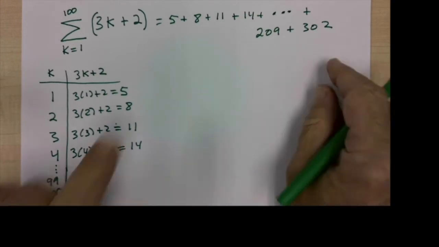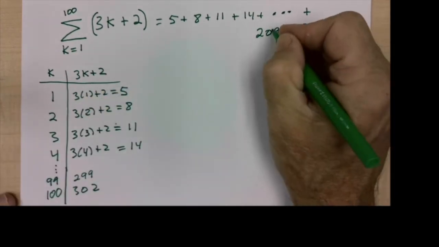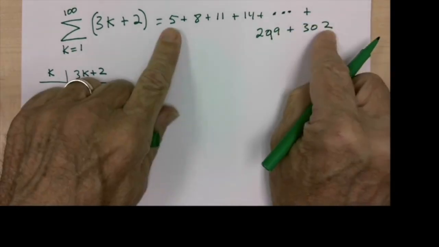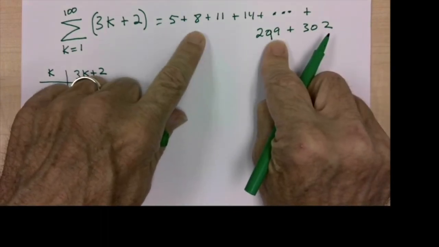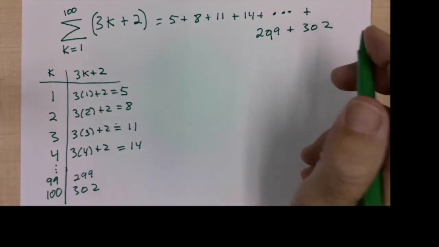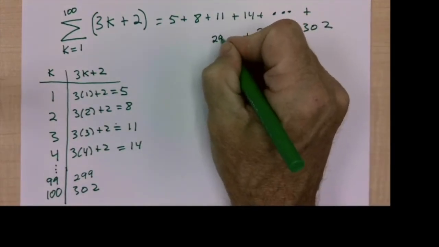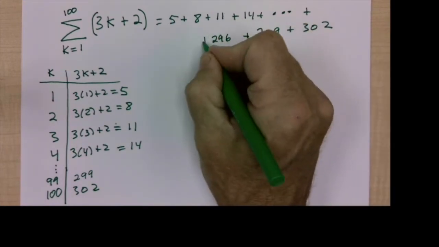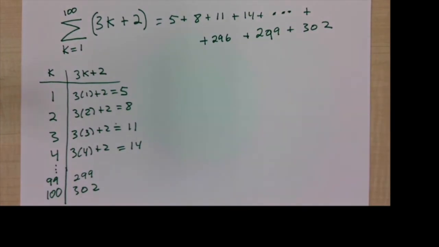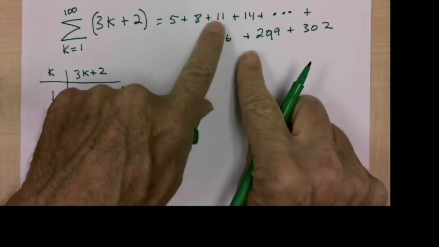If I add my first and last number, 5 plus 302 is 307. 299 plus 8 is 307. The one before this would be 296, and 296 plus 11 is 307. So we can see that the first plus last part all adds up to 307.